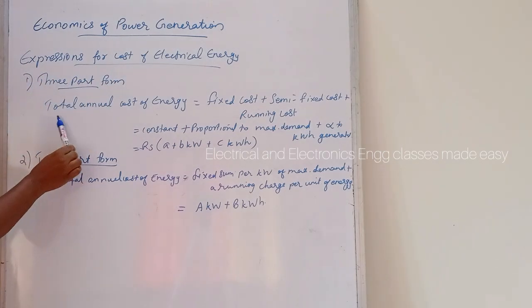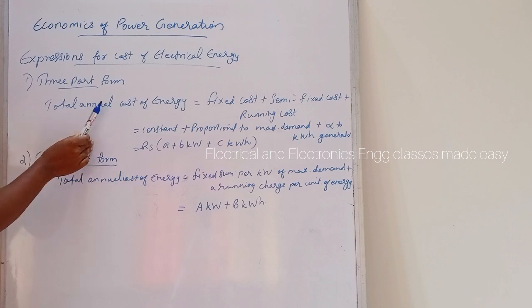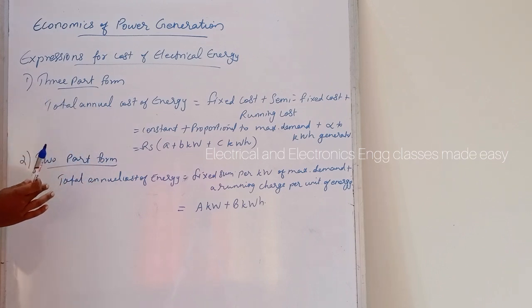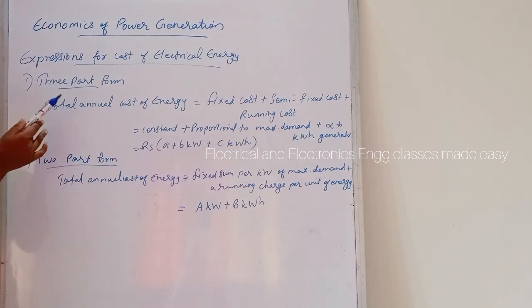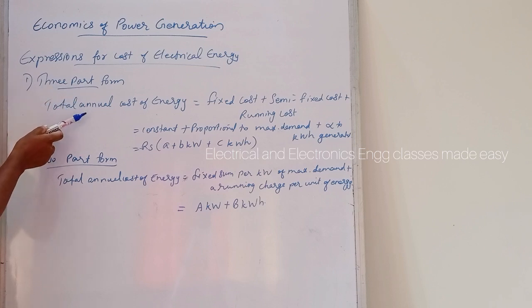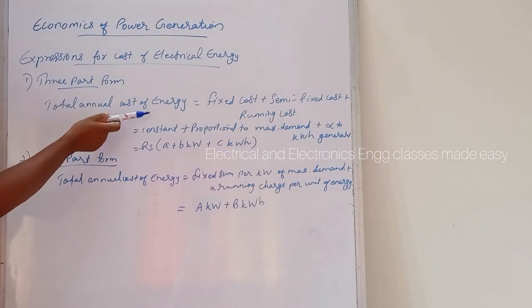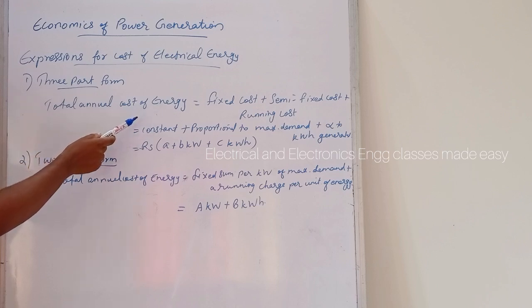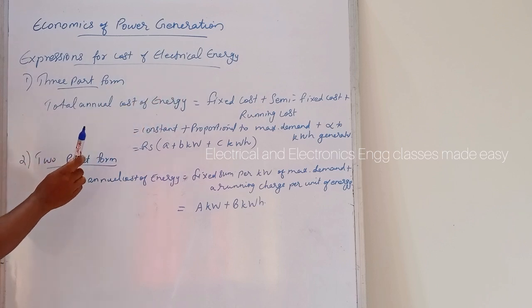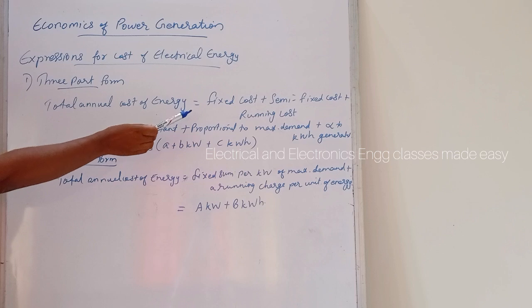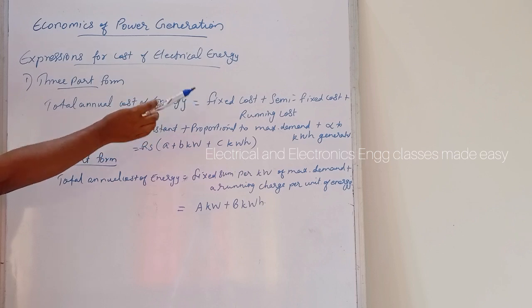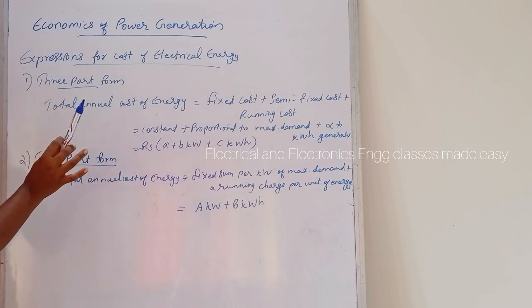The overall annual cost of electrical energy generated by a power station can be expressed in two forms, that is three-part form and two-part form. So in three-part form, the overall annual cost of electrical energy generated is divided into three parts, that is fixed cost plus semi-fixed cost plus running cost.